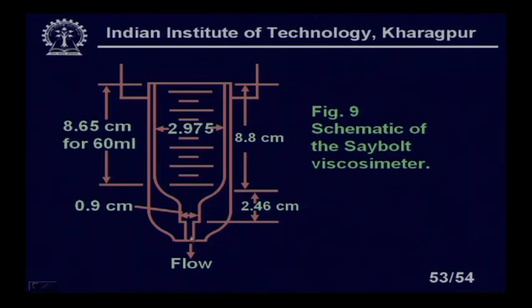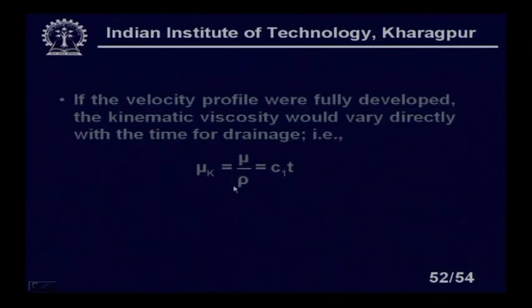If you look at these dimensions, this is around 0.1765 centimeter, just above 1 millimeter. This is 0.9 centimeter, this is 0.1765 centimeter, this is 2.46 centimeters. All these dimensions are given. Let us go back.